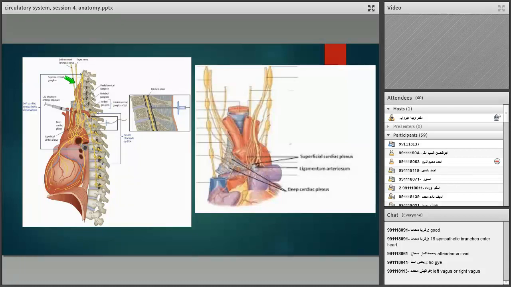So generally we have 6 parasympathetic branches, and totally we have 22 sympathetic and parasympathetic branches, 16 for sympathetic and 6 for parasympathetic.